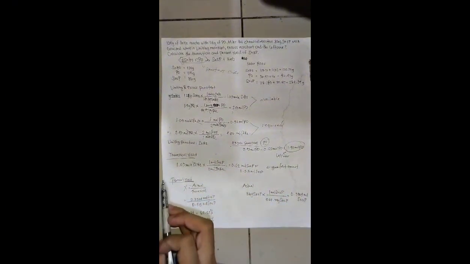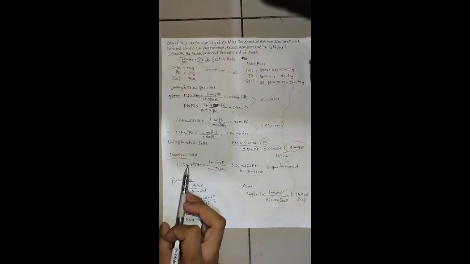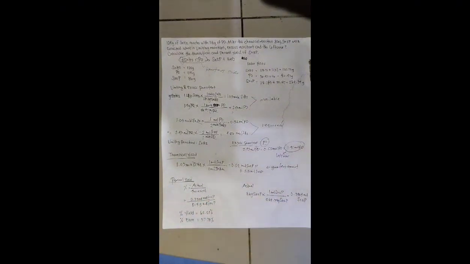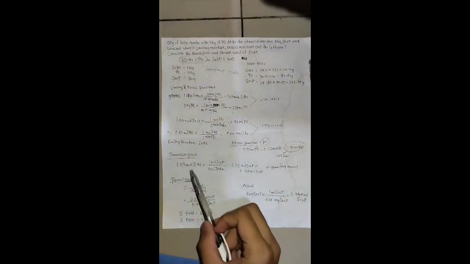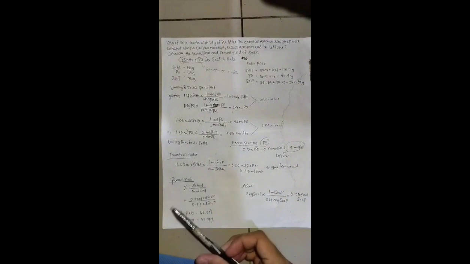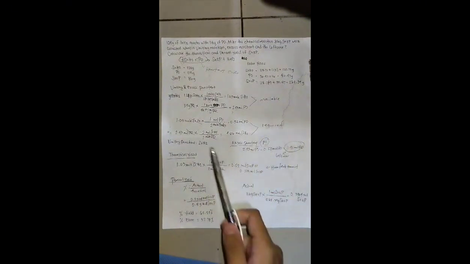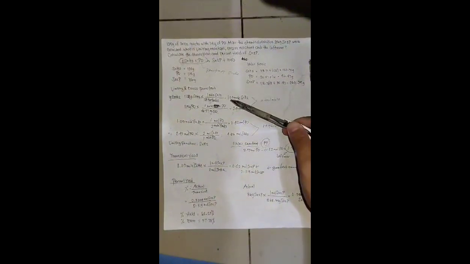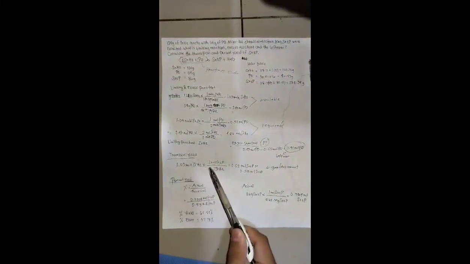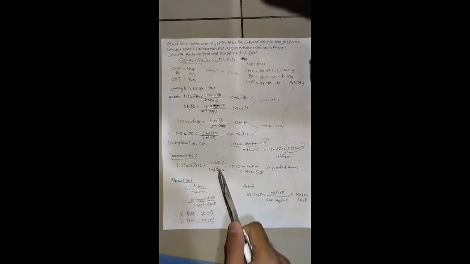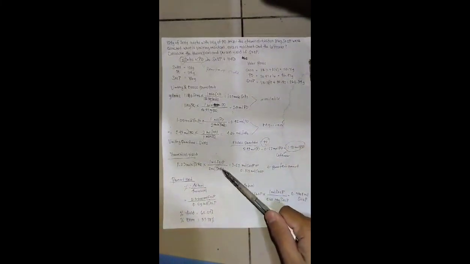Now we can solve the theoretical yield. Theoretical yield is focusing on the available of the limiting reactant. Our limiting reactant is SNH2 and our available was 1.03. So just put times, again we get this from the balanced chemical equation.